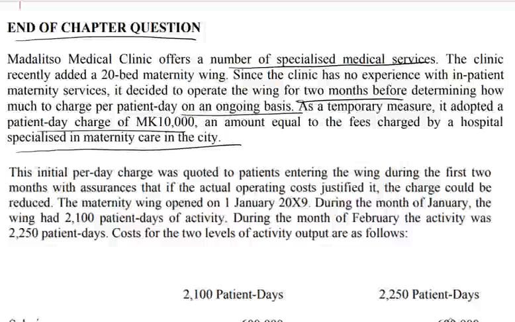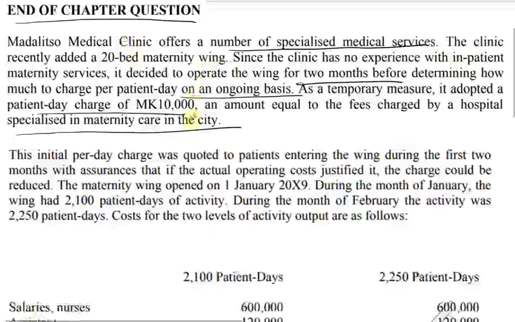During the month of January, the wing had 2,100 patient days of activity. During the month of February, the activity was 2,250 patient days. Cost for the two levels of activity output are as follows.